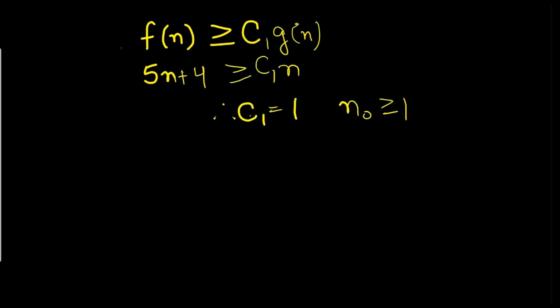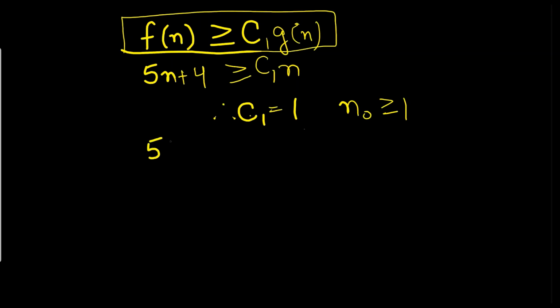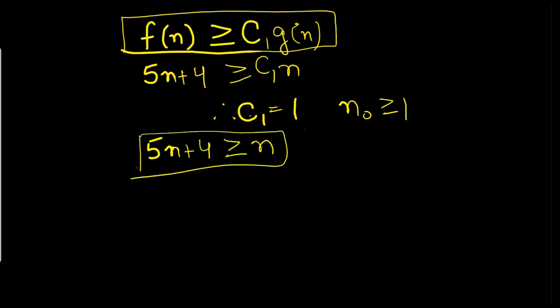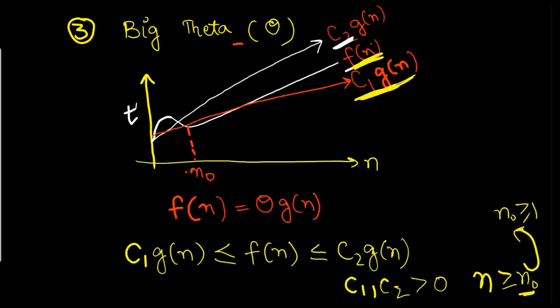So as f(n) is greater than or equal to C1·g(n), we have 5n plus 4 greater than or equal to n, since C1 is 1. So I can say f(n) is upper bounded by C2·g(n) and lower bounded by C1·g(n).